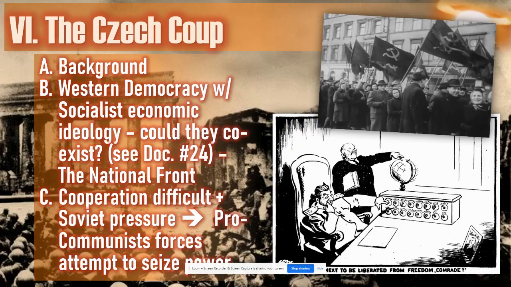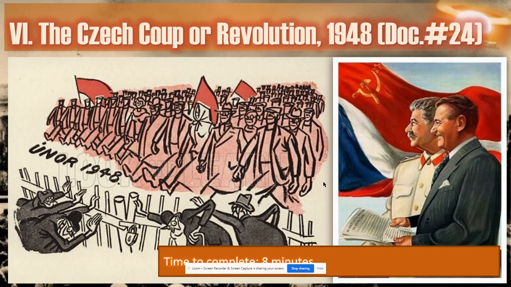And so what you're going to take a look at in document number 24 is the pressure that is brought about by both the Soviet Union and the communists within Czechoslovakia to, in a lot of ways, influence the government to gain more power within the Czechoslovakian government. And we're going to see the outcomes that come about from this.